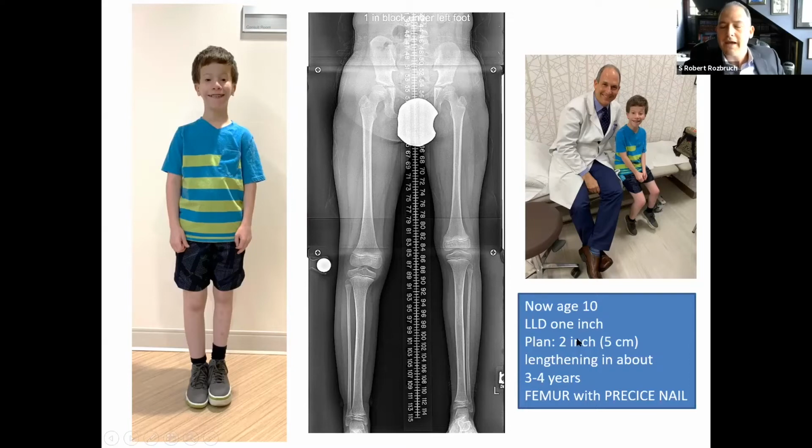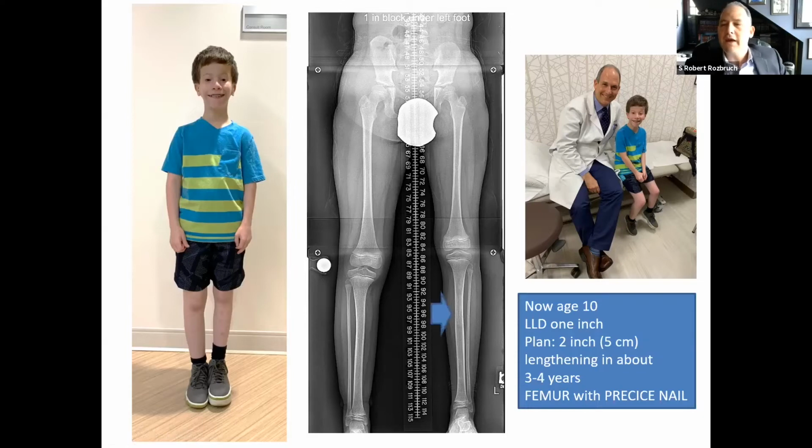But my plan is, in another 3 to 4 years, to go back and lengthen the rest of the discrepancy that emerges, and I'm predicting 5 centimeters, and we're going to do it in the femur. And we're going to be able to use an internal lengthening nail for that part of the treatment.